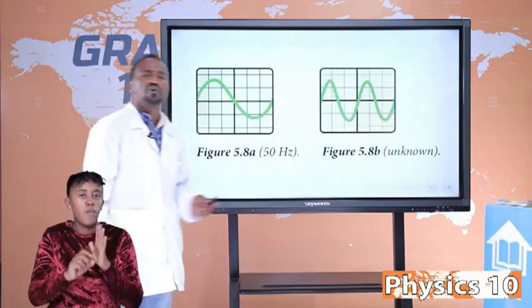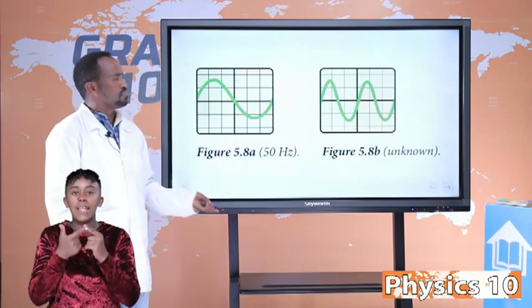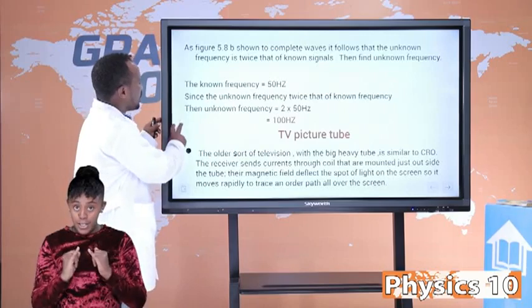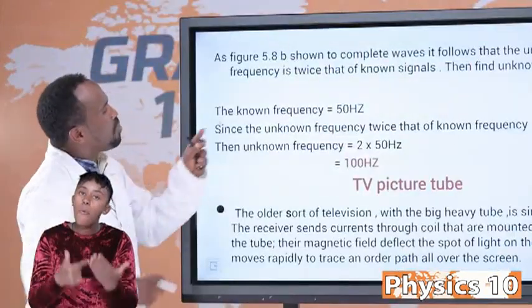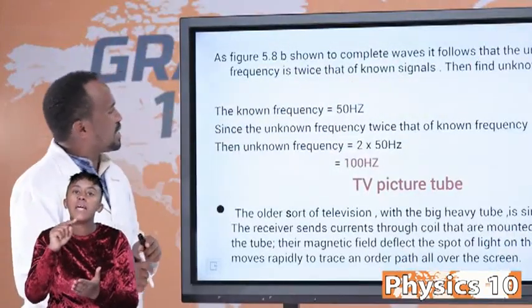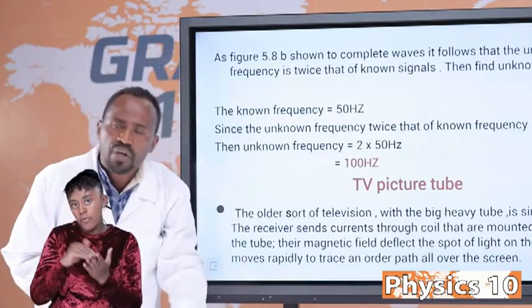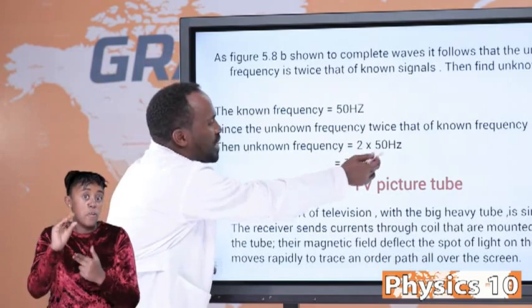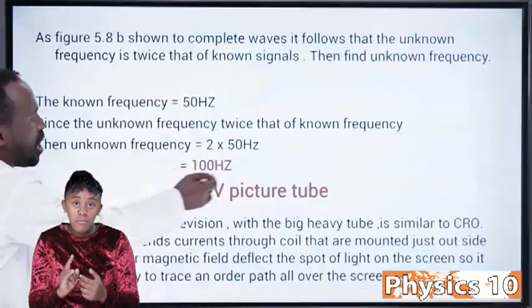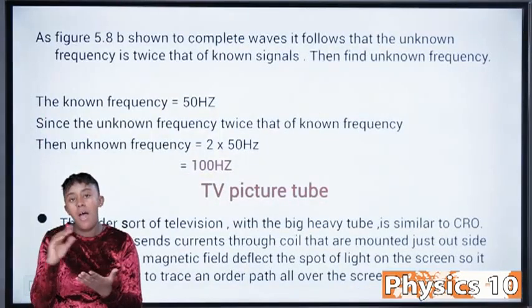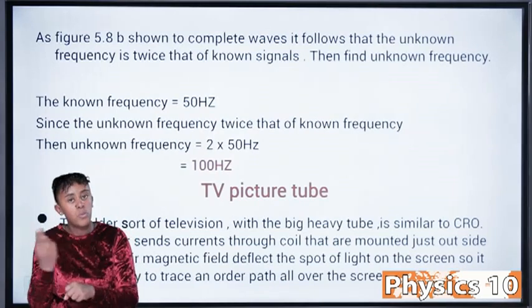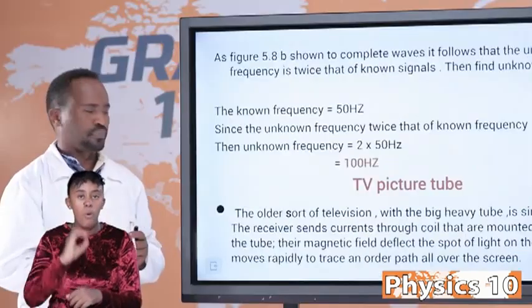We don't know the value of the unknown frequency for the second diagram. But we have the information that the unknown frequency is 2 times the known frequency. Therefore, 2 times 50 hertz is how much? 100 hertz. This is how to calculate the unknown frequency using a cathode ray oscilloscope.